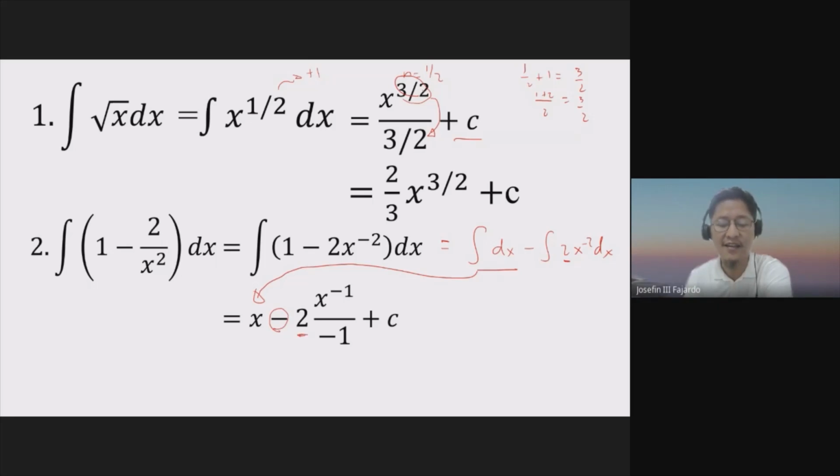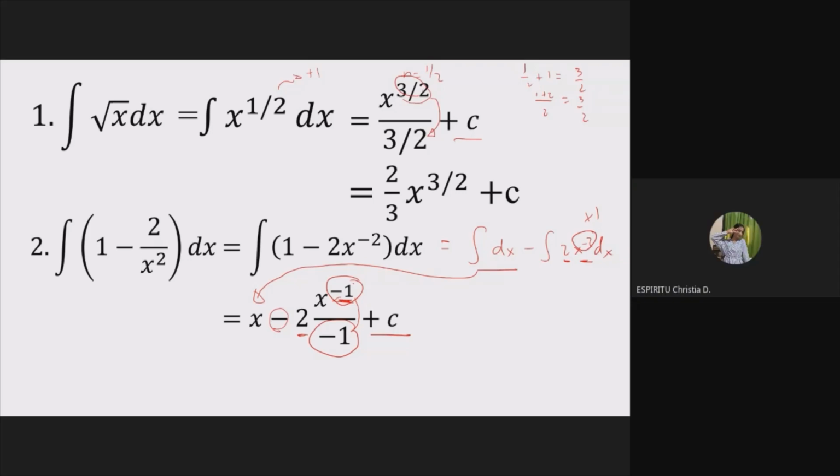Okay, and then, integral ng x to the negative 2 using rule number 4. Yung negative 2 natin, plus 1, kaya nagkaroon tayo ng negative 1. Kung anong ito, yun din ang ilalagay natin sa denominator. And of course, the plus c. Okay? Malinaw?